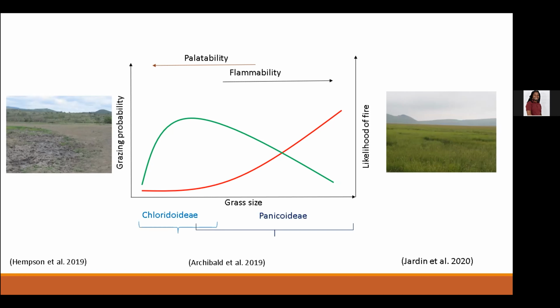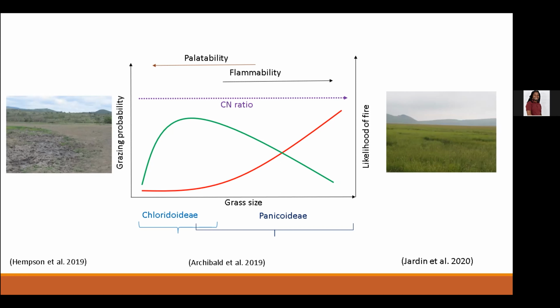And when you think about C4 grasses, in the two plates, basically the chloridoideae are usually the ones that are associated with the short grasses, whereas the panicoideae subfamily has most of the tall grasses, which actually burn. And one of the things that we know about taller plants is that they have to put in more biomass.